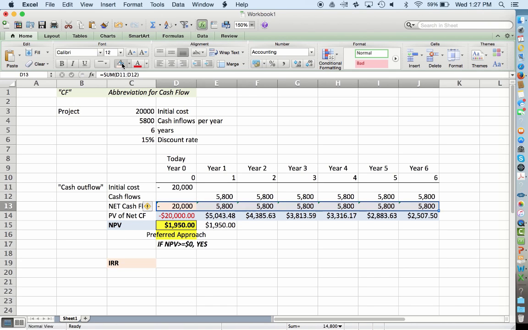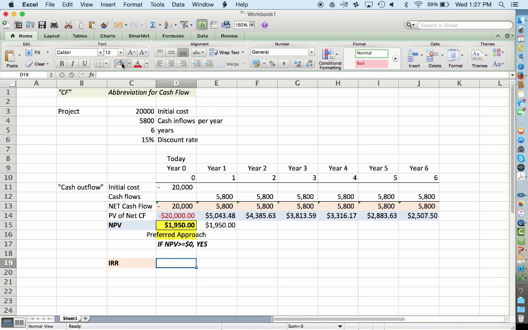So NPV uses the present value. IRR uses the net, or what we call the undiscounted cash flow. And it's super simple. Equals IRR, parentheses, and you go from year 0 again to the final year, will return a percentage, 19%.